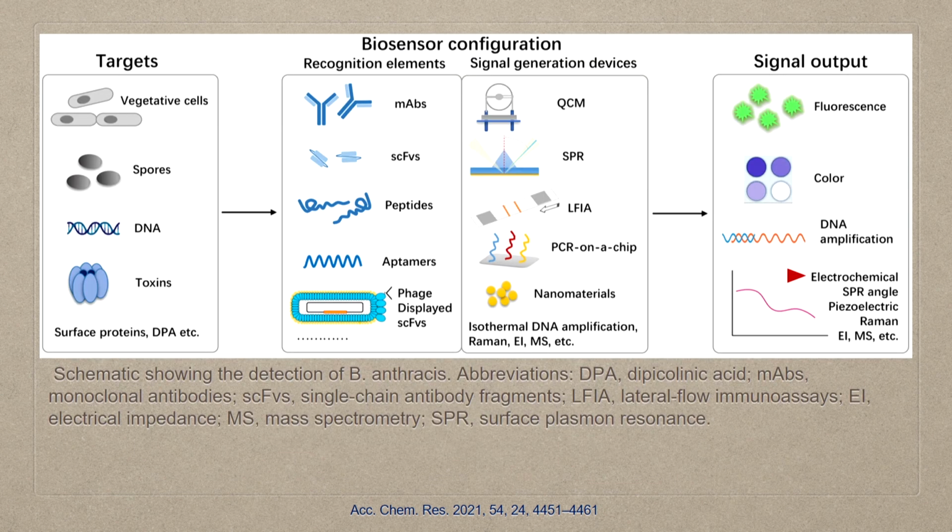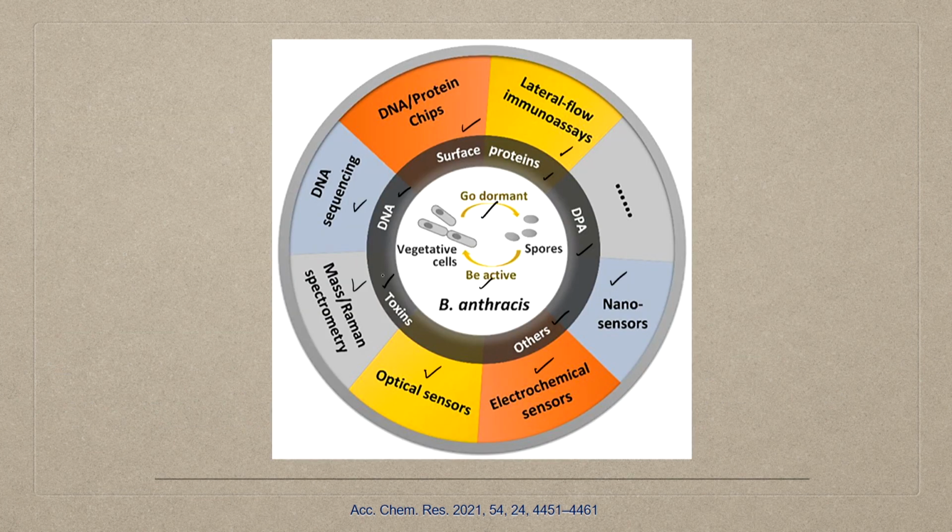Now, when we break up this diagram, you have these targets, which are what you have to detect: the vegetative cells, the spores, the fragments of DNA, the toxins, or the surface proteins. This is the second circle we are talking about.